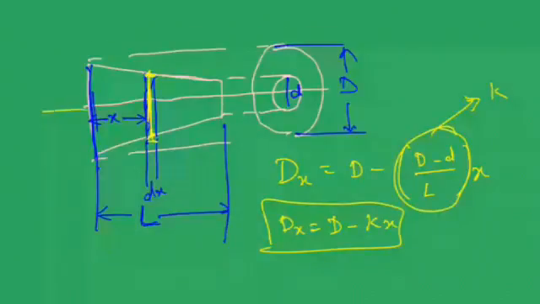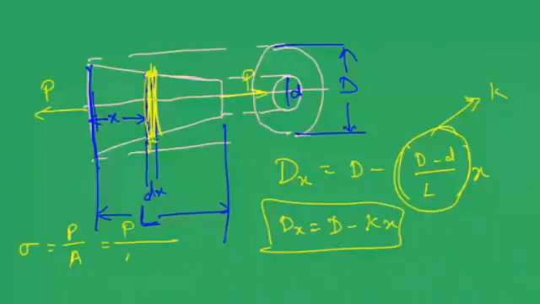Now if I apply some tensile force here or compressive force, say the magnitude is P, then we'll get some stress also at all the cross sections. So at this section if I have to find the stress, that is sigma, that is P by A, force by area. So the force is P here, and the area is given by this relation pi by 4 d square.